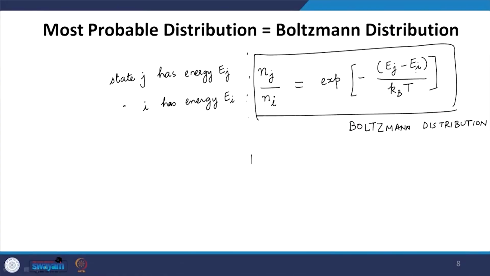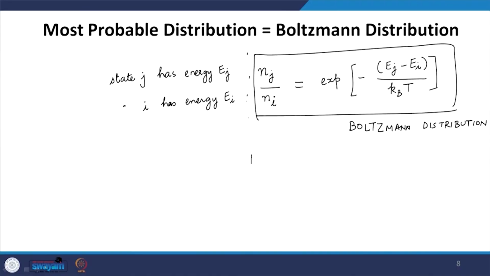What it tells you is that as Ej is higher than Ei, when Ej is higher than Ei, then you get a negative number inside the exponential. So, that means that the higher energy states are going to have lower probability compared to the lower energy states.